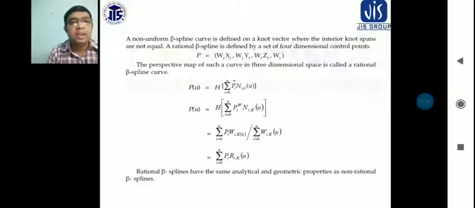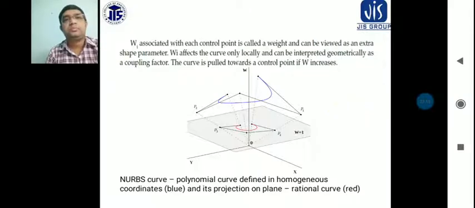The rational B-splines have the same analytical and geometric properties as non-rational B-splines. The wi associated with each control point is called a weight and can be viewed as an extra shape parameter.